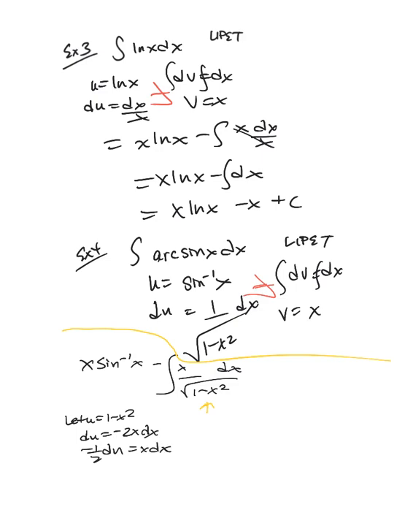So I still have x arc sine x. That just hangs around. Now, for this new integral, I have negative 1/2. But keep in mind, this is minus. So minus a negative is just going to be plus 1/2 the integral of du over square root of u.